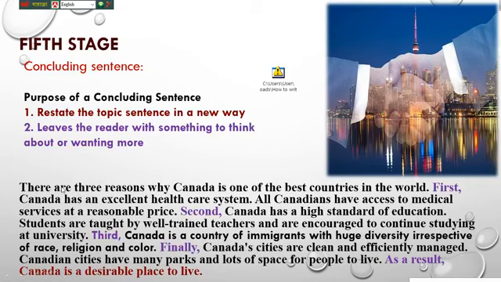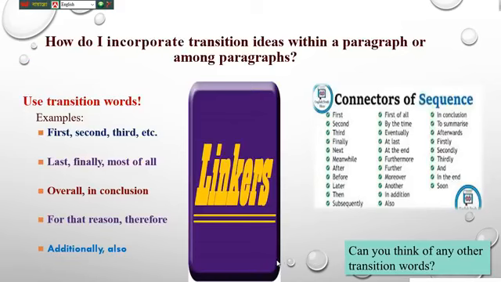So first we said that there are three reasons. What are the reasons? These are the reasons. And why are people so eager to go there, to live there? Because examples are given here. Okay, so let's go for the next slide. All right.